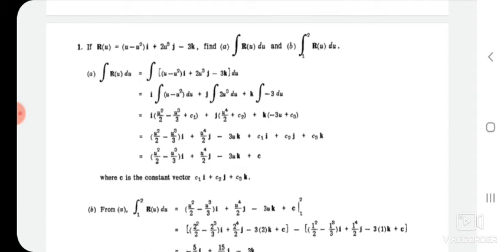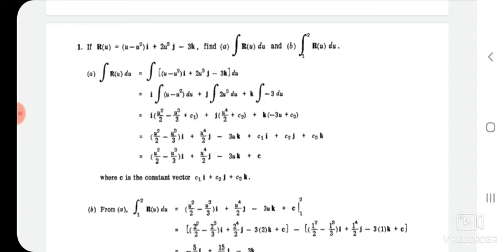If we simplify this, (u square by 2 minus u cube by 3) i plus (u to the power of 4 by 2) j minus 3u k plus c1 i plus c2 j plus c3 k.